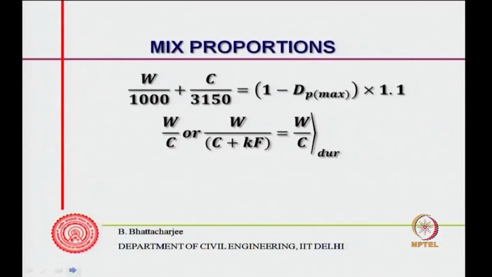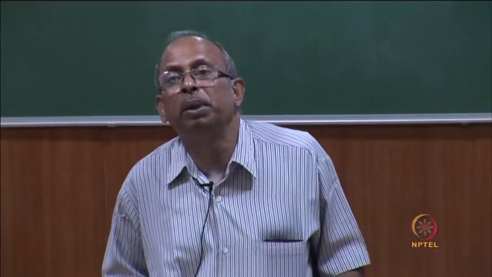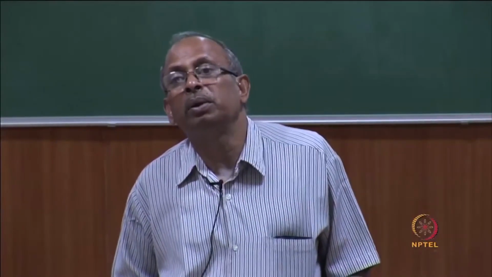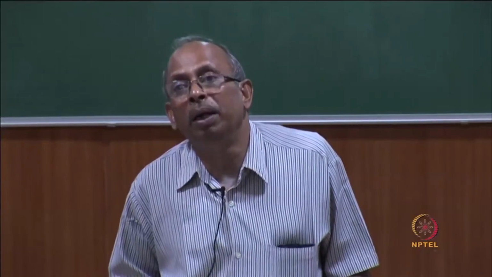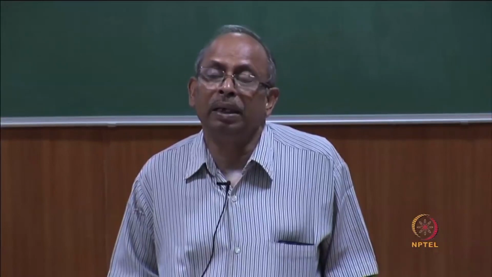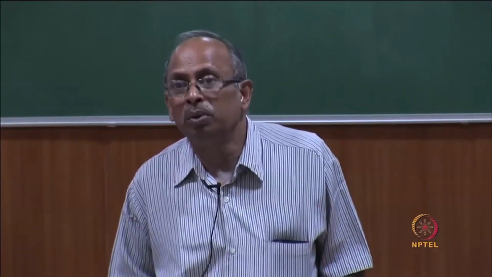The other equation, relating water and cement, is related to strength, or if I do not know a relationship between strength and water cement ratio, I can start with the water to cement ratio required for durability, as we have done in Indian Standard Method practice 10262 2009.